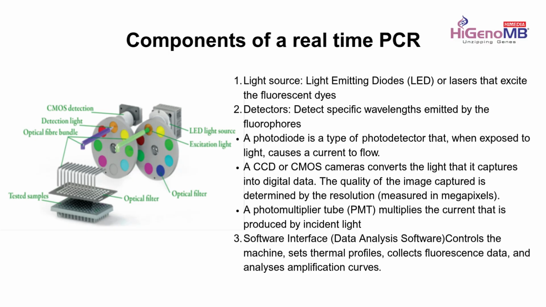For this, there is a component called the detector. It detects the specific wavelengths emitted by these fluorophores. There are different types of detectors which are used in different types of real-time PCR machines. At the end, we have a software which collects all these fluorescent data and converts that into usable data and provides it to the end user in the form of amplification curves and threshold cycles.